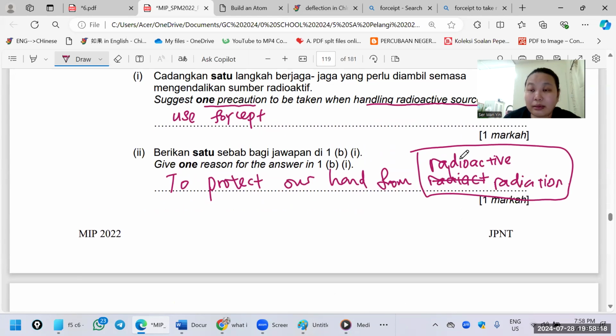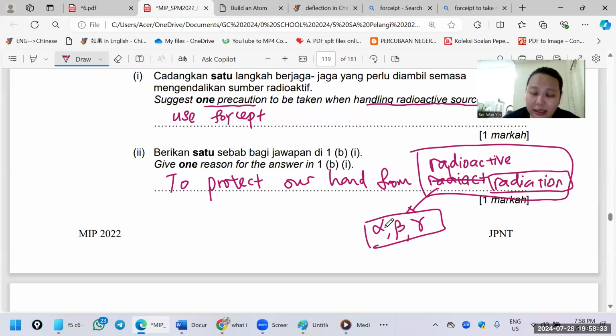When I talk about alpha, beta, gamma, actually I'm talking about radioactive radiation most of the time. When I say radioactive radiation or I just say radiation, I'm talking about alpha, beta, gamma. Bear in mind.